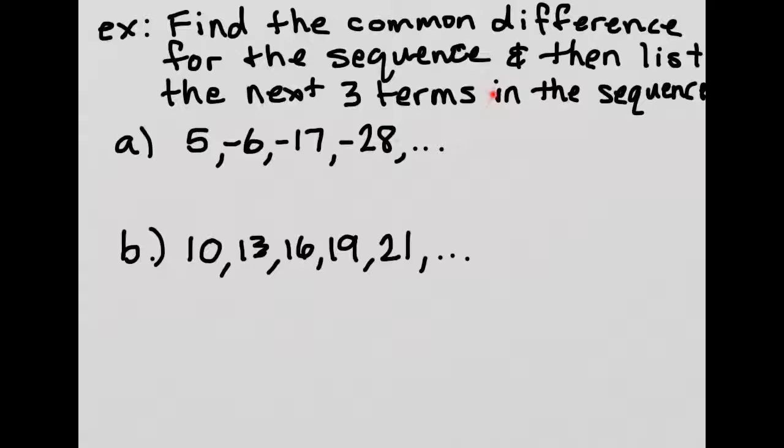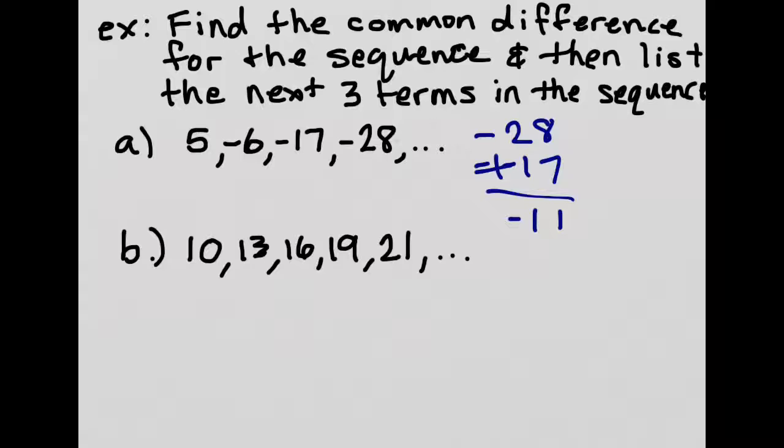So if we do negative 28 minus a negative 17, that's really a plus 17. So we will get negative 11.